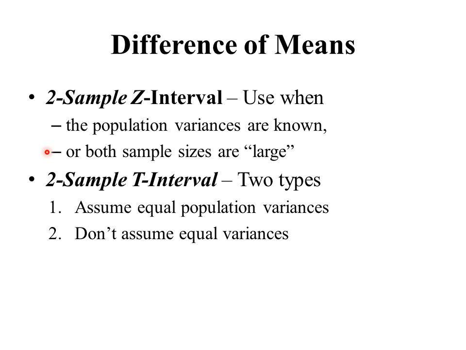Large here meaning 30 or bigger typically. Now it's rarely the case that we know the population variances, so we're going to focus more on using the two-sample t-interval. Now there are two types of t-intervals. One in which we assume equal population variances, and the second type where we don't assume equal variances.